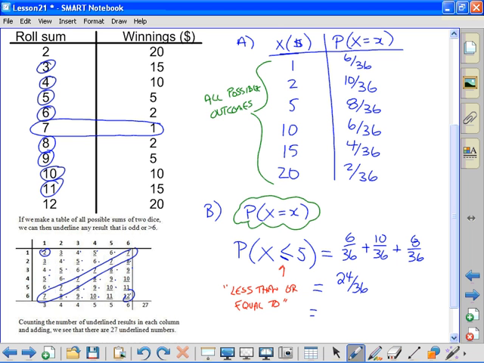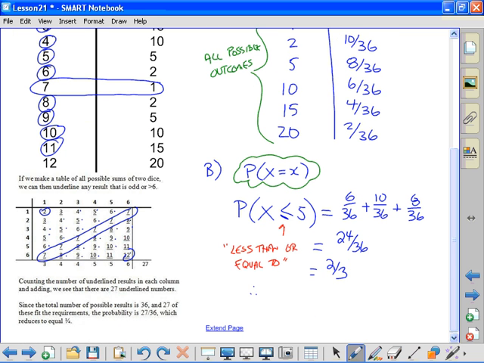Which will reduce down, they're both divisible by 4, so 6 in 9, or 2/3 of a chance. So there's a 2/3 chance that you're going to win $5 or less in this game. Or you can go to a percentage, 2/3 of a chance of winning 5 or less.